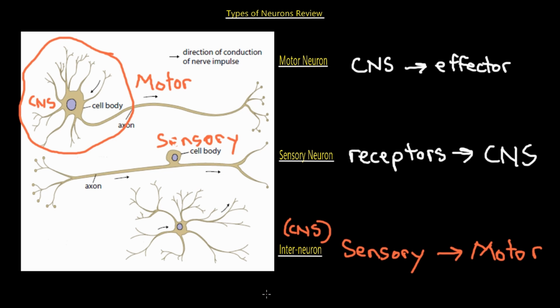First, a signal comes from the environment and is taken up by the sensory neuron and brought to the central nervous system. From there, it is passed on to the motor neuron, and from the motor neuron in the central nervous system, where the cell body lies, it goes to the effector.